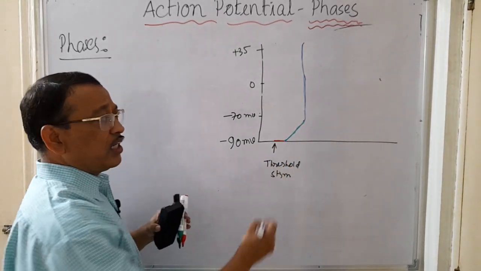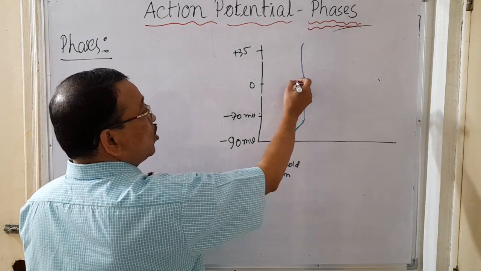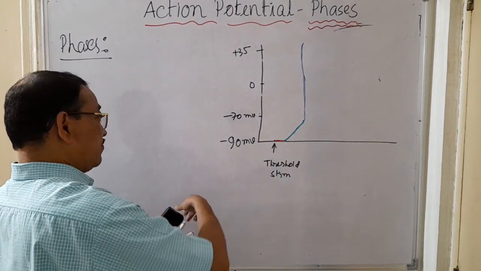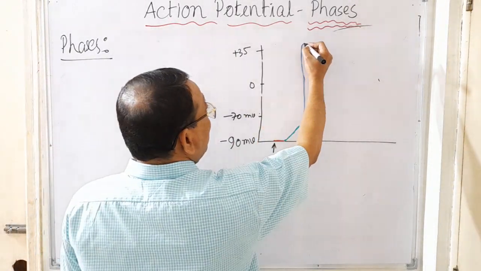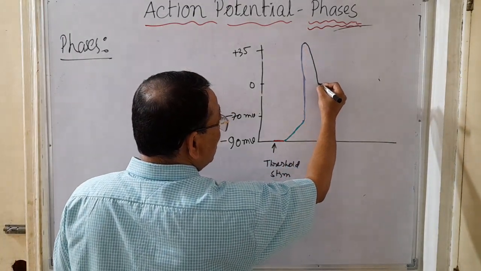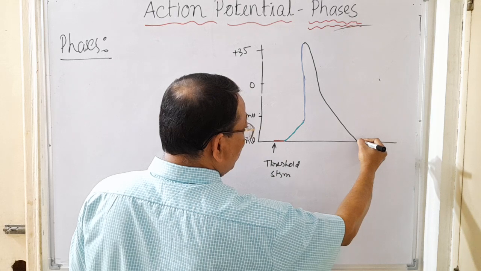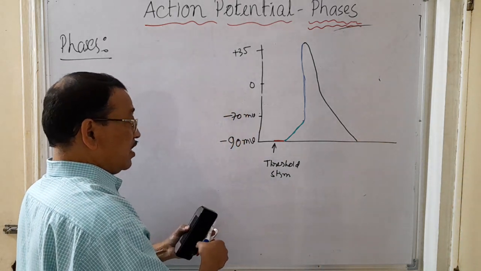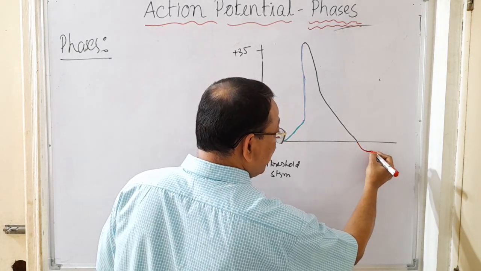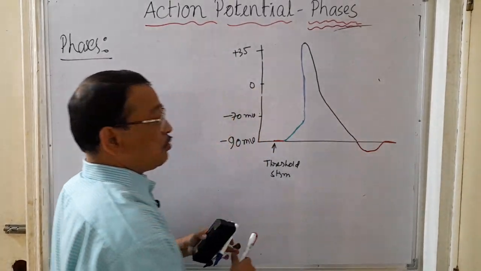Then there is a rapid fall of the electropositivity, and then a gradual fall, which will go beyond the resting membrane potential, and then come back to the baseline or resting membrane potential.